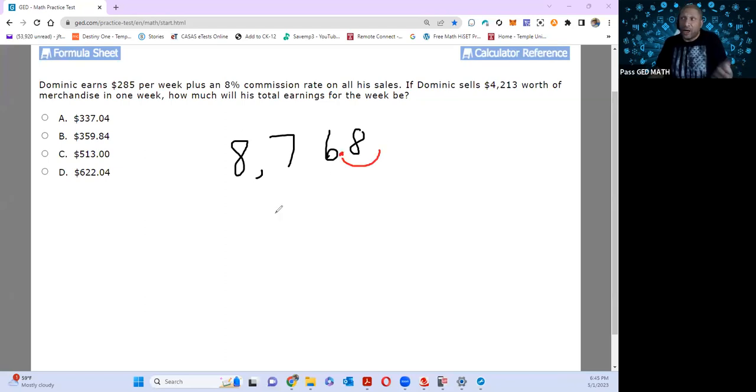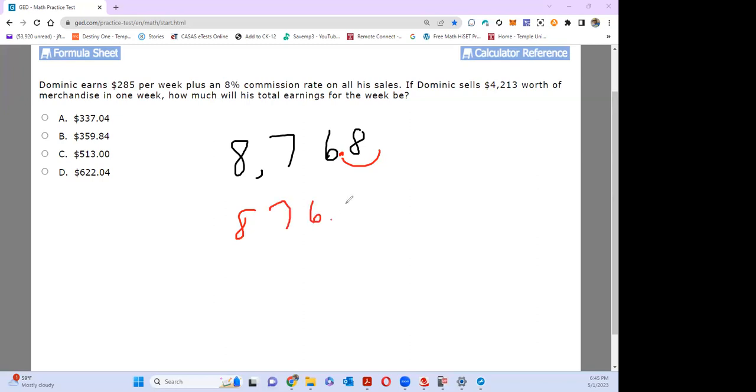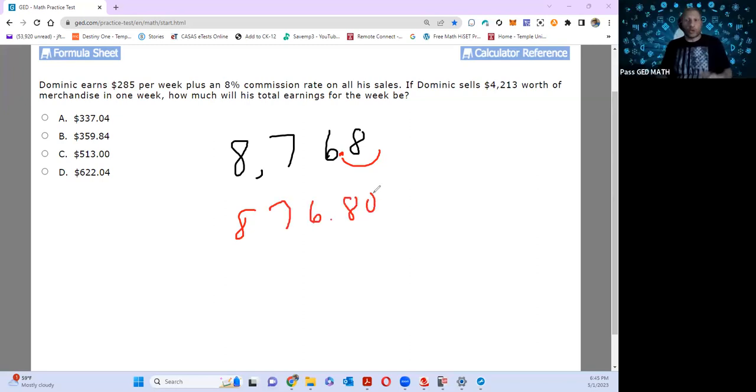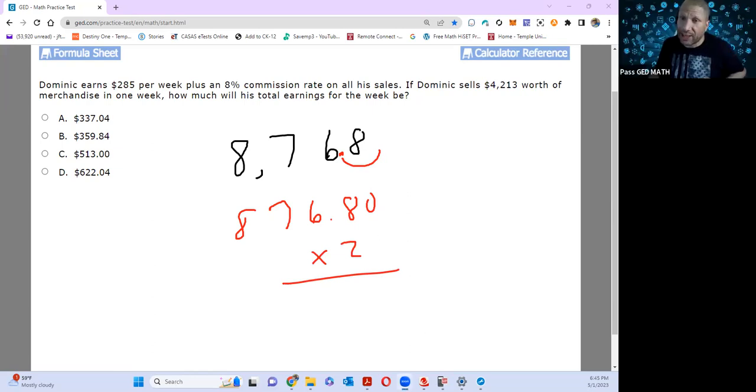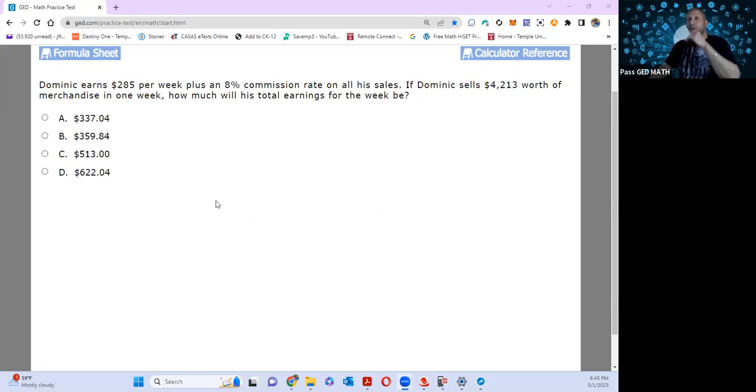So 10% of 8,768 is $876.80. So if I know 10%, I can find 20%. I can multiply this by 2, move it over again. Those are the mental math things I want you to be abreast of.